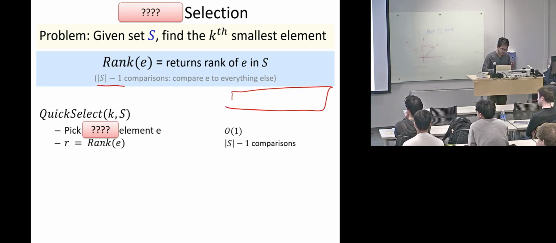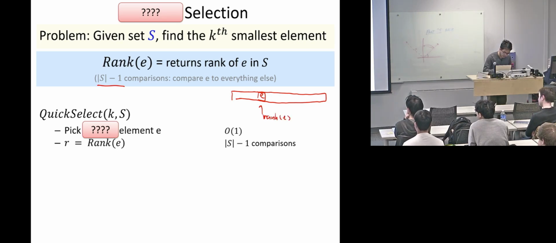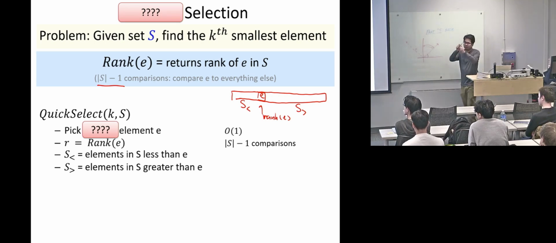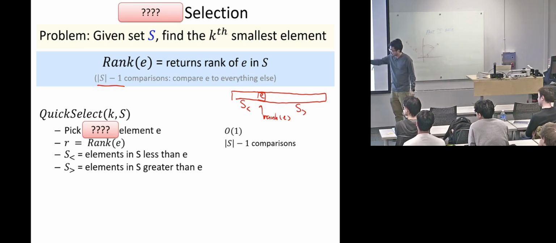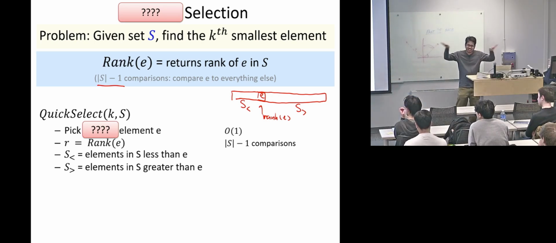After you compare E to everyone, you get that E is at position rank of E, with everything less than E on one side and everything more than E on the other. So you obtain the sets S less than and S more than, which separates the set into two parts.